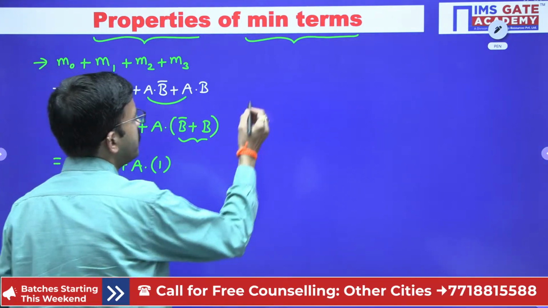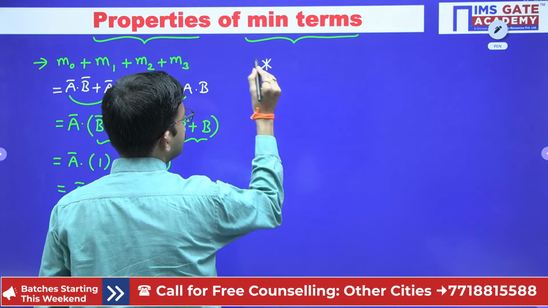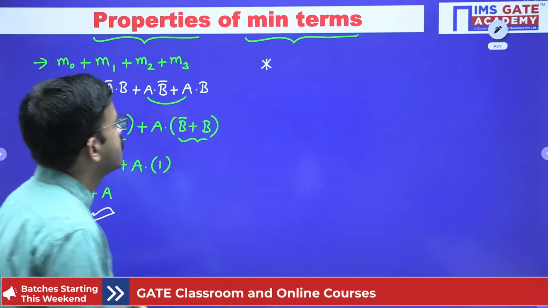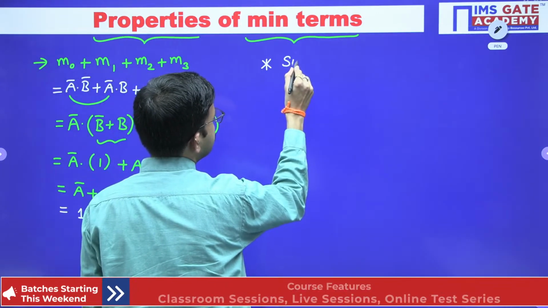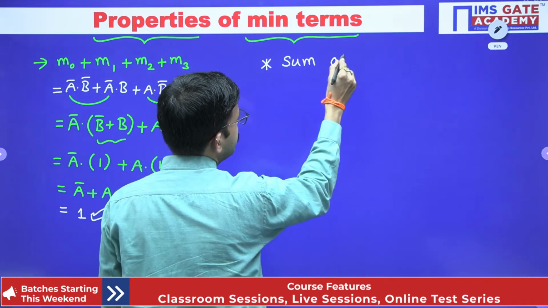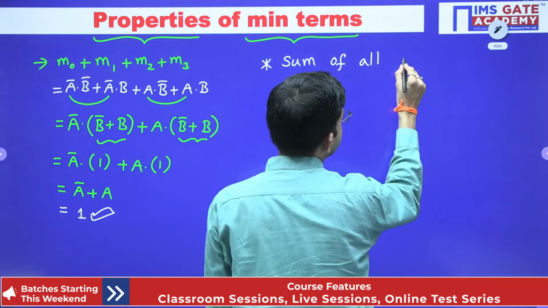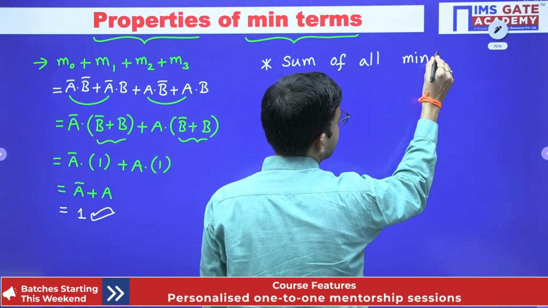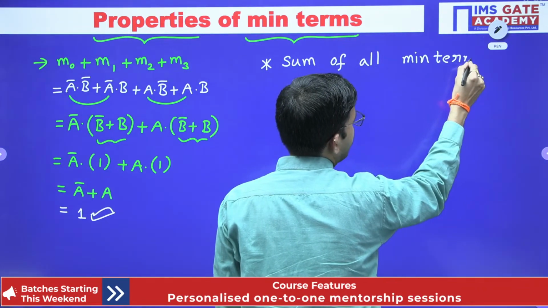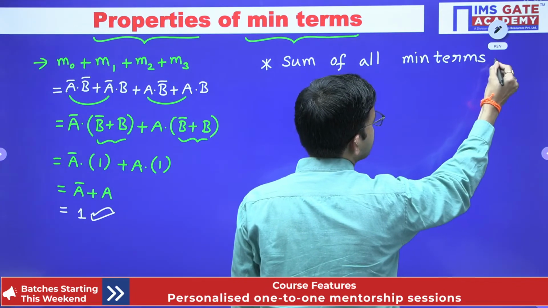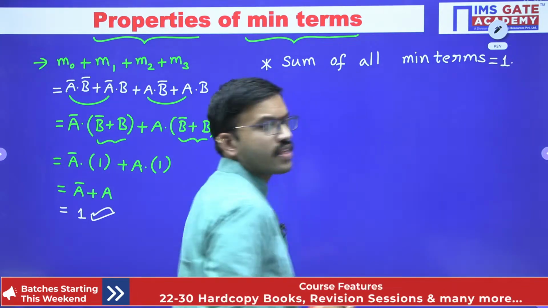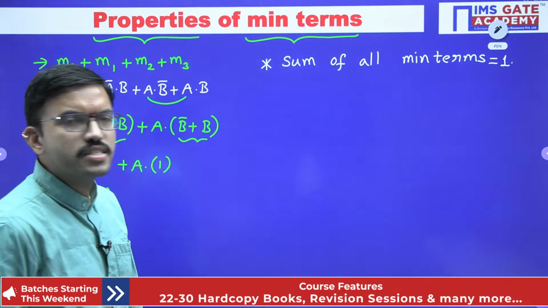Okay, so just make a note. Sum of all min terms is equal to 1.